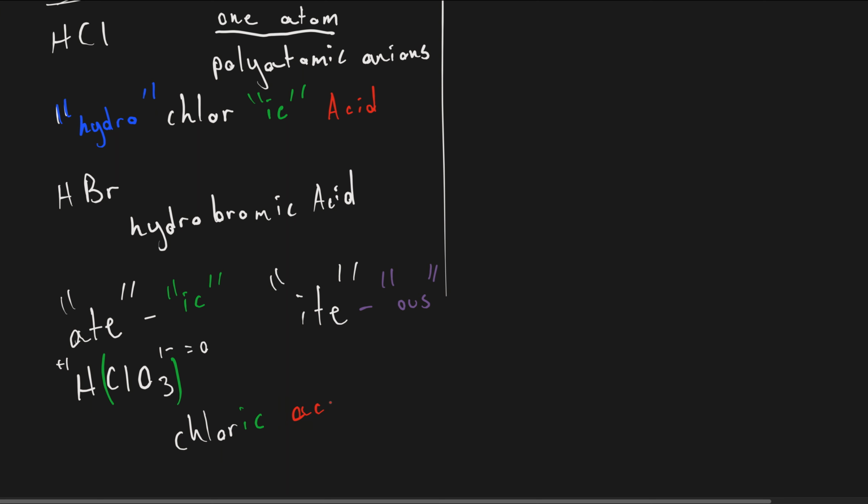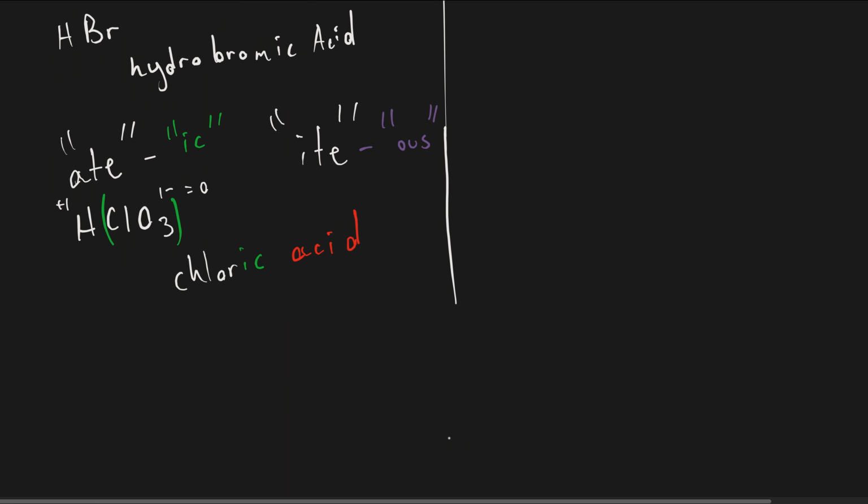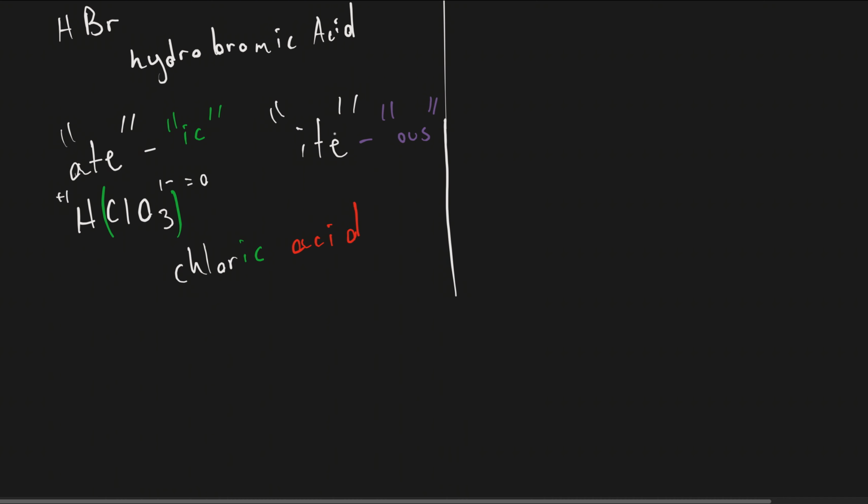Now, what happens if it loses an oxygen? For example, we have HClO2. They still have the -1 charge and the +1 charge, so this is balanced.